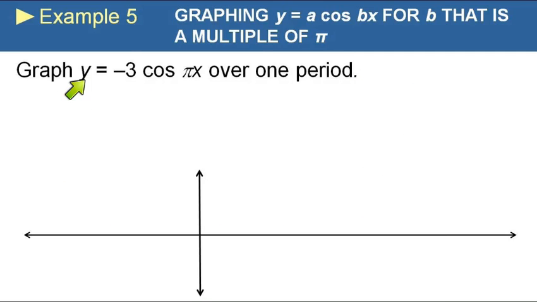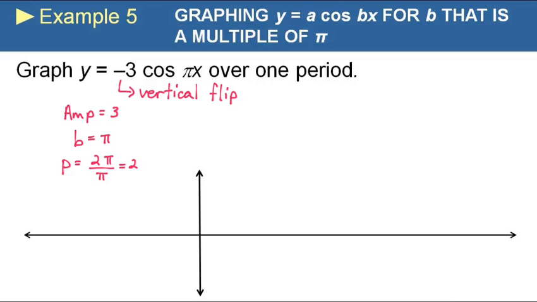Y equals negative 3 cosine of pi x, and we're going to graph that over one period. So let's see. The negative means that we're going to have a vertical flip. The 3 means that the amplitude is 3. And b is pi. That means period is 2 pi over b, or 2 pi over pi. That means that the period is 2.